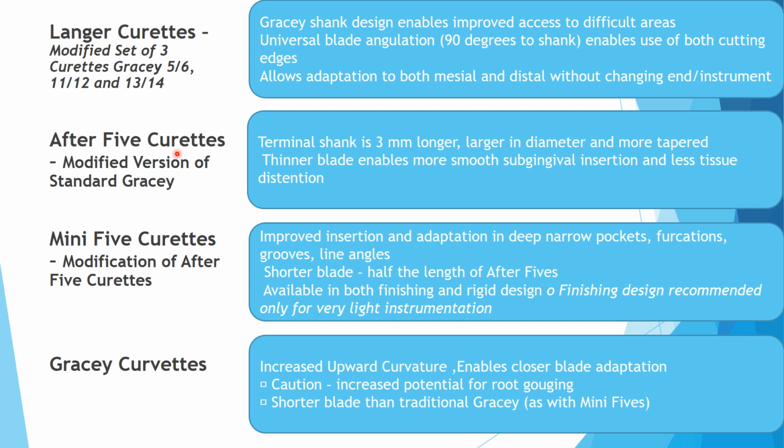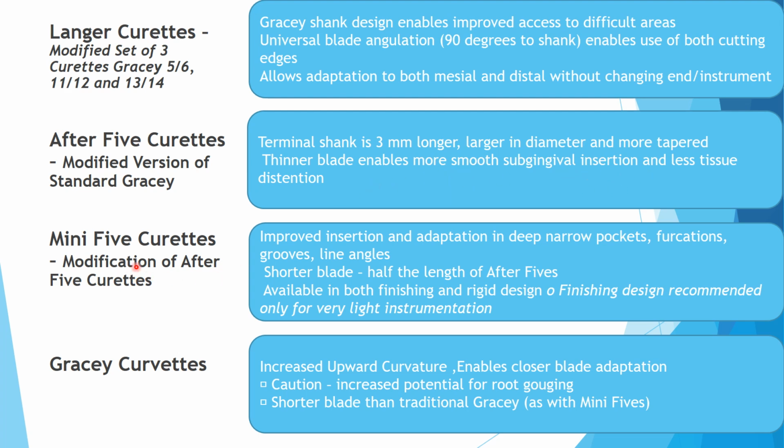Coming to the After Five curettes, there is a modified version of the standard Gracie. The terminal shank is 3 mm longer, larger in diameter, and more tapered. This thinner blade enables more smooth subgingival insertion and less tissue distension. Okay.